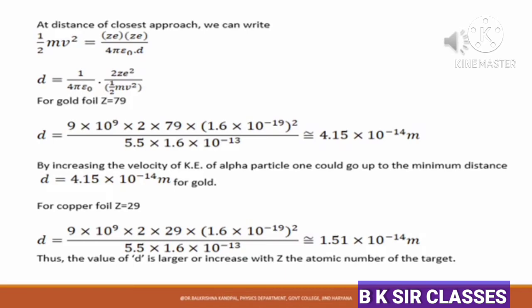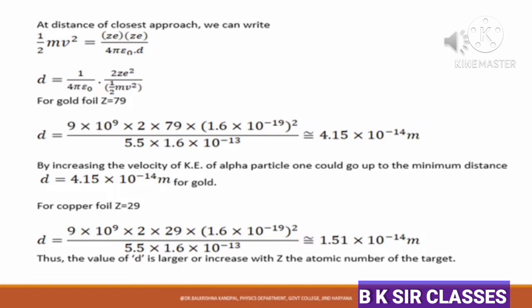Similarly, we are taking another example of copper foil, and here Z is equal to 29. So keeping the value 29 in place of Z in a similar formula, D is equal to 9 into 10 to the power 9 into 2 into 29 into 1.6 into 10 to the power minus 19, whole square, divided by 5.5 into 1.6 into 10 to the power minus 13.